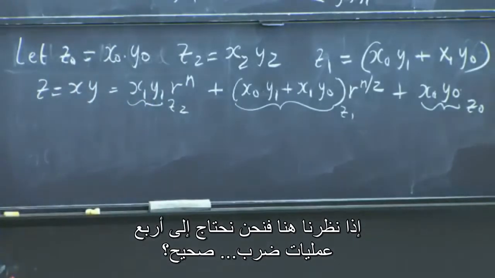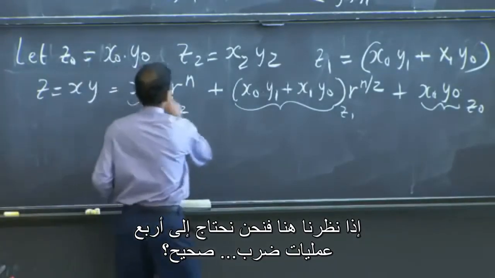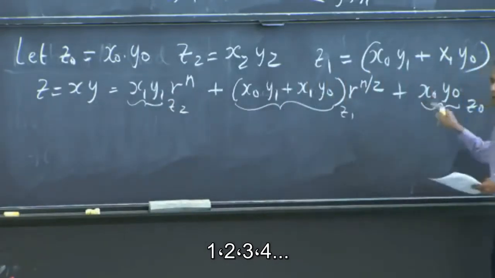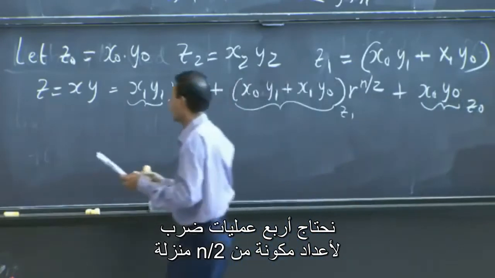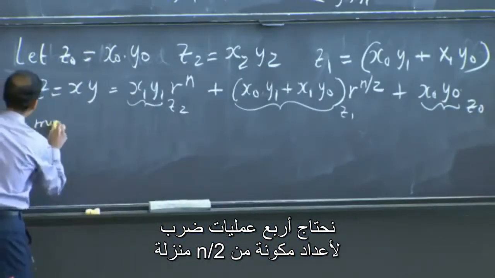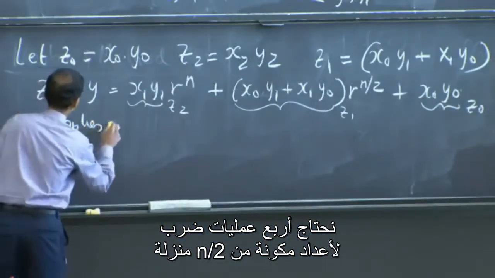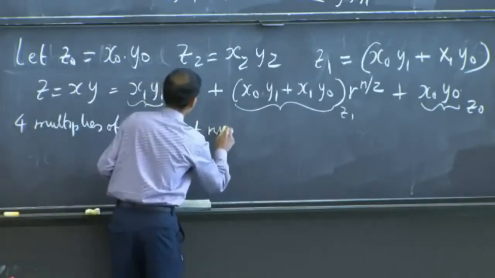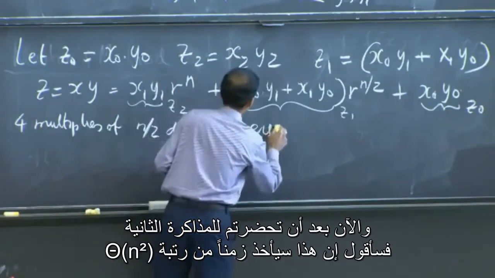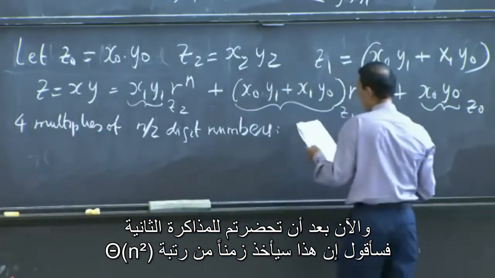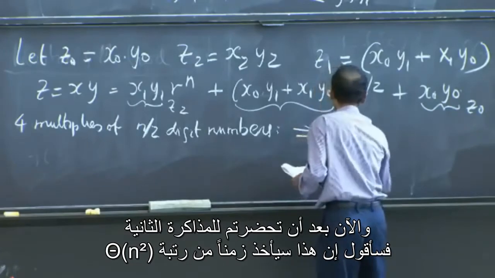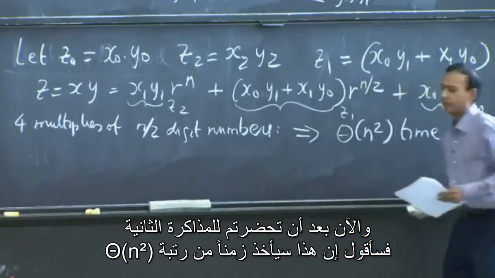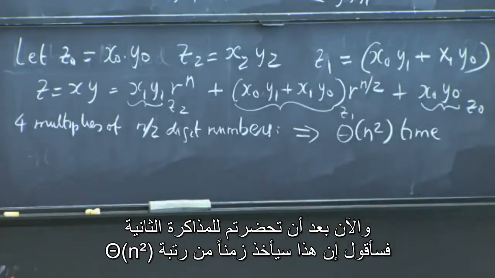If you look at it, you need 4 multiplies: 1, 2, 3, 4. You need 4 multiplies of n by 2 digit numbers. By now, after you've prepared for quiz 2, I will just say that it will take theta n square time, okay?